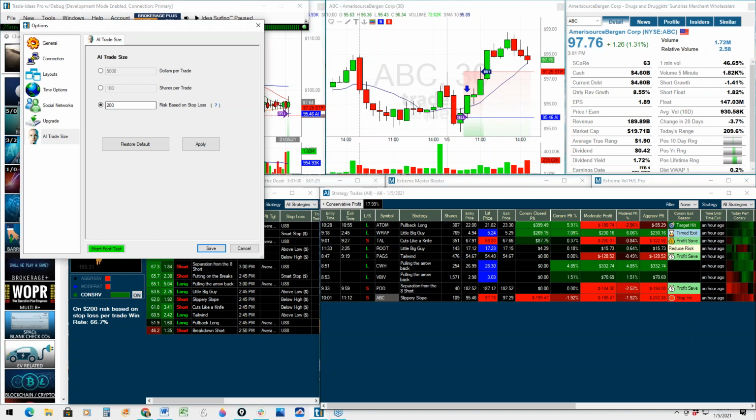So what happens is Holly will go out and buy the number of shares so that if the stock does go to the stop loss, the maximum amount I lose is $200. So you can see right here, this is why I have different share sizes, because it's based upon the amount of loss I'm willing to take if it goes to the stop price. So I think this is a good way to play it versus just going out and buying 100 shares, but that can be subjective.